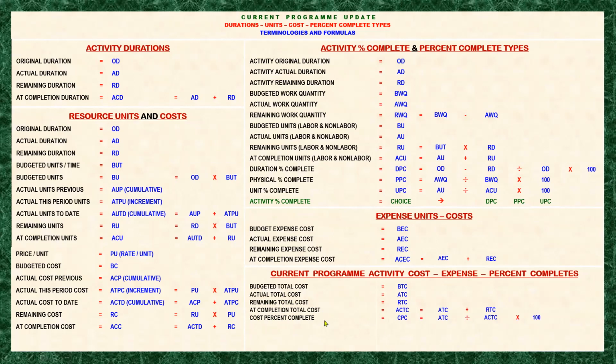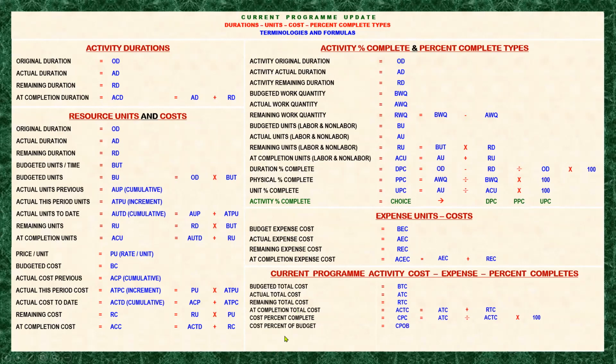So whatever is the projected completion percent complete of the resources inside the activity, the summation of which is equal to the cost percent complete of the activity. That is equal to the actual total cost divided by the at completion total cost, multiplied by 100 to get the percentage.